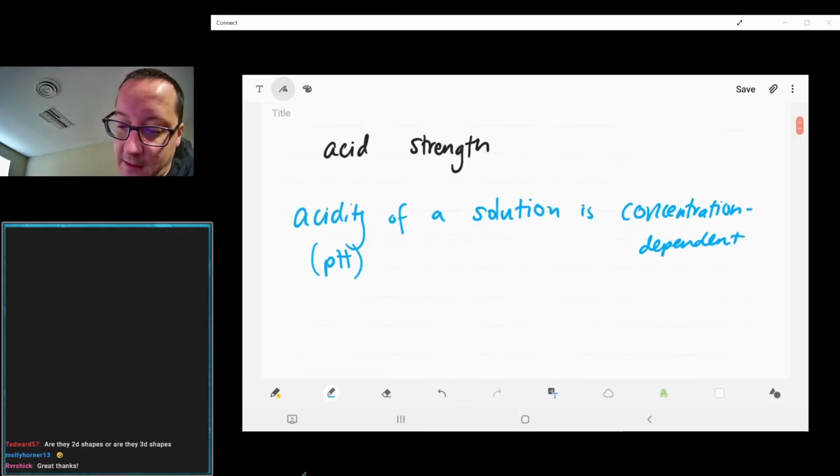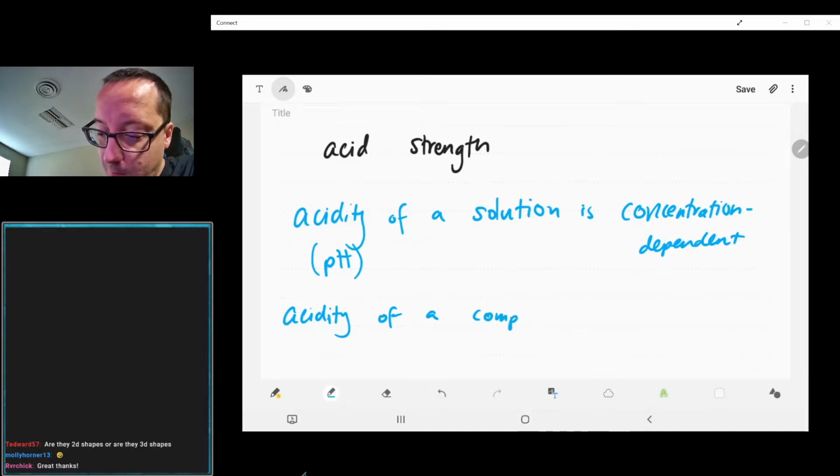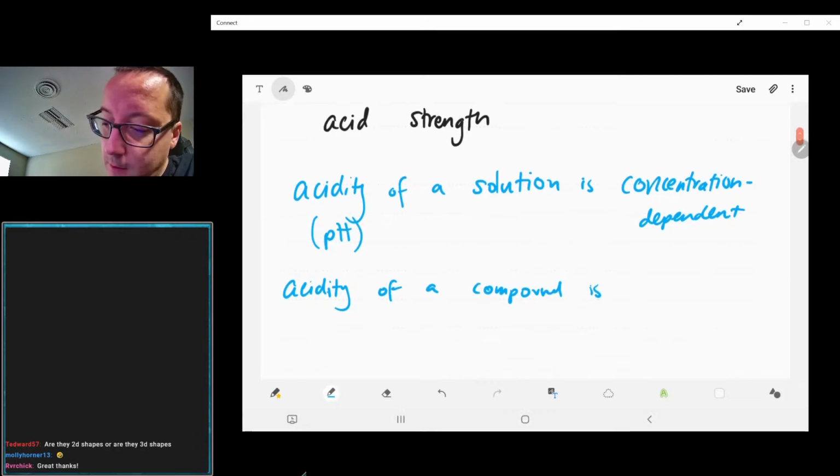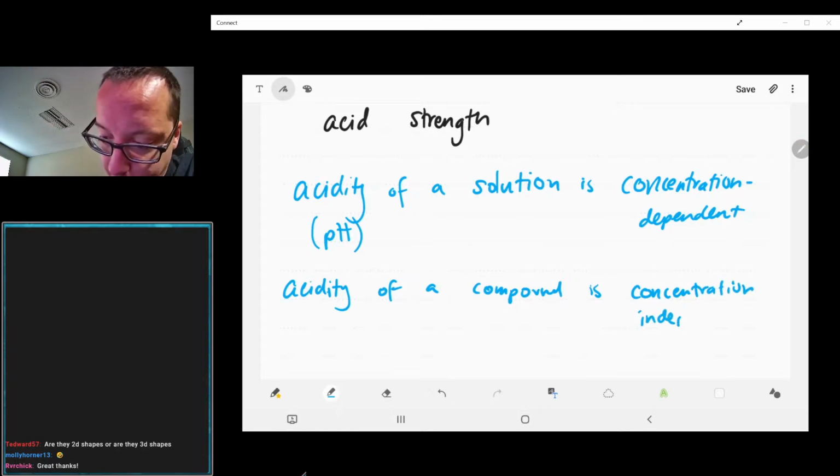However, the acidity of a compound has nothing to do with concentration. It doesn't matter what your concentration of HCl is, it's still going to be a strong acid.